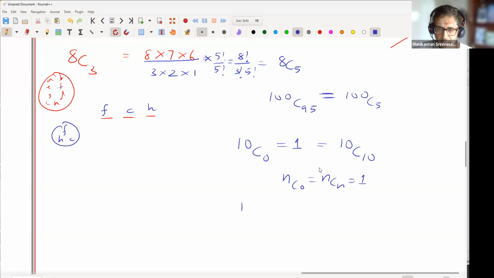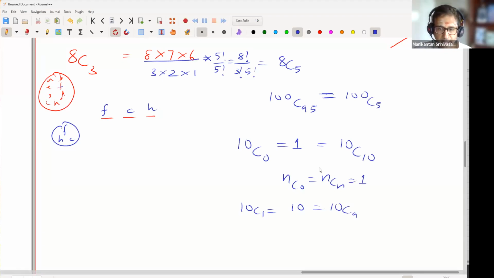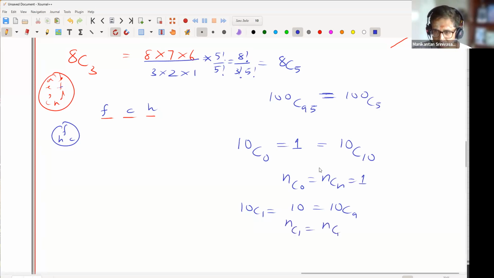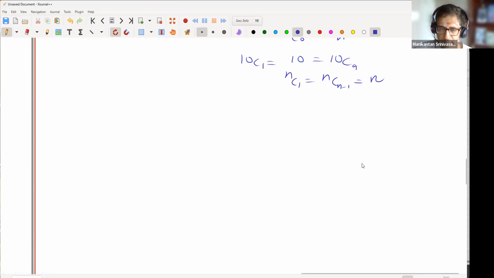Similarly, n choose 1 is the same as n choose n minus 1, which will be n itself. Of 10 people, how many ways can I select 1? Any kindergartener will tell you it's 10 ways. How many ways can I select 9? I just have to pick who's not selected, effectively the same 10 ways. So n choose 1 is the same as n choose n minus 1, which is n. So these are the main extreme ends.